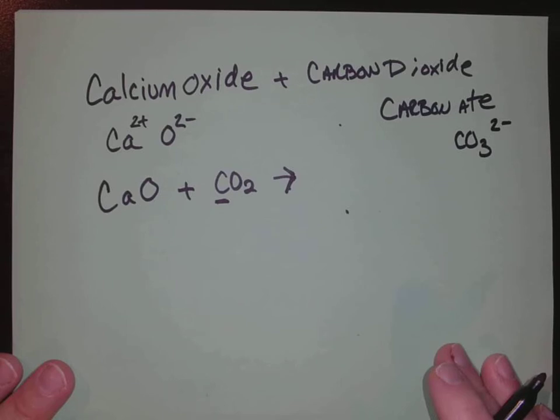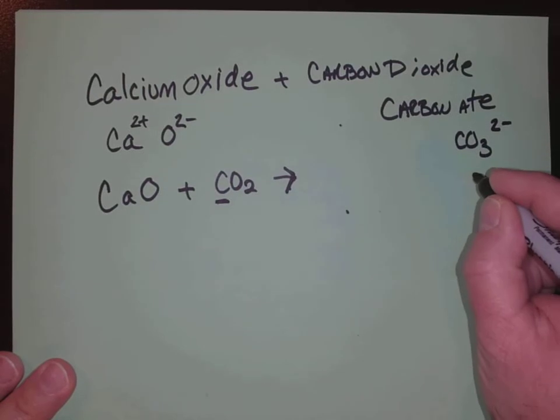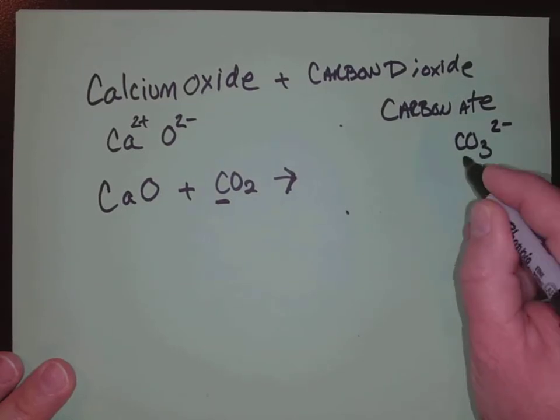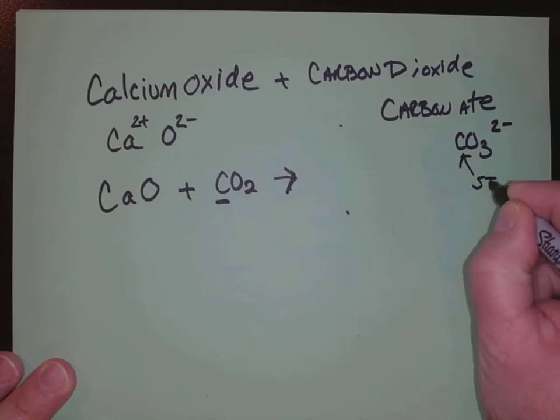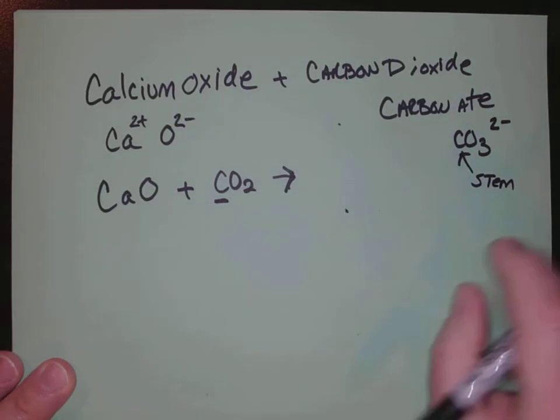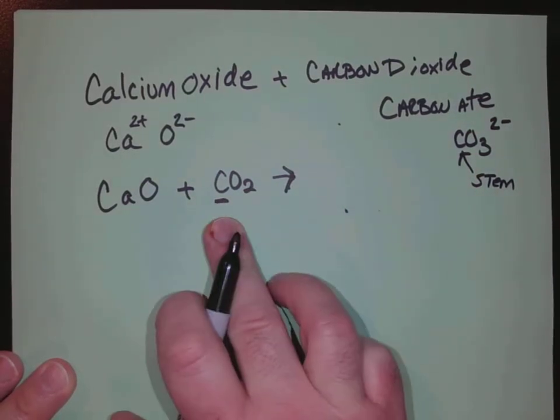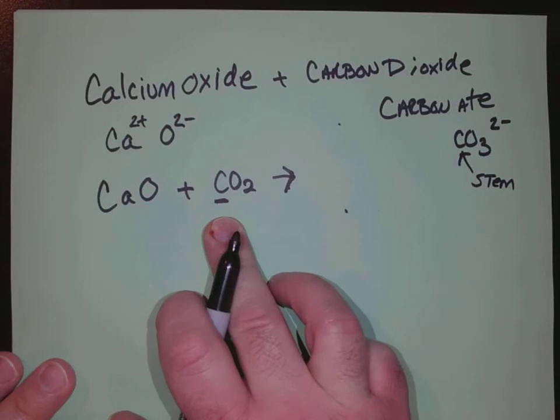All right. Now, the stem of carbonate, or what makes it carbonate, is the fact that it has carbon in it. I call that thing the stem. Okay. Your polyatomic ion will have the same stem as the nonmetal oxide.